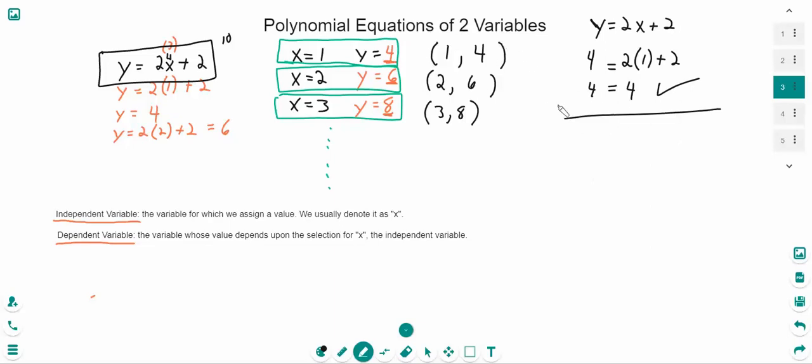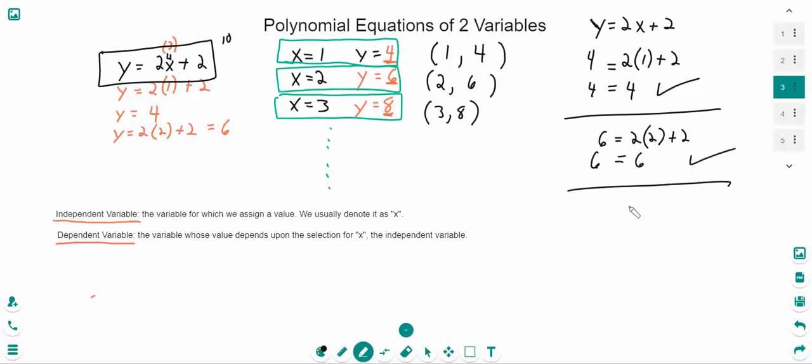Now, if I choose to use the (2, 6), I would say, well, the y would have to equal the 6, right? The second number. Then we have our 2 times the first number, which is a 2, plus 2, and we end up with 6 is equal to 2 times 2 is 4 plus 2 is 6. It checks out. That's a solution.